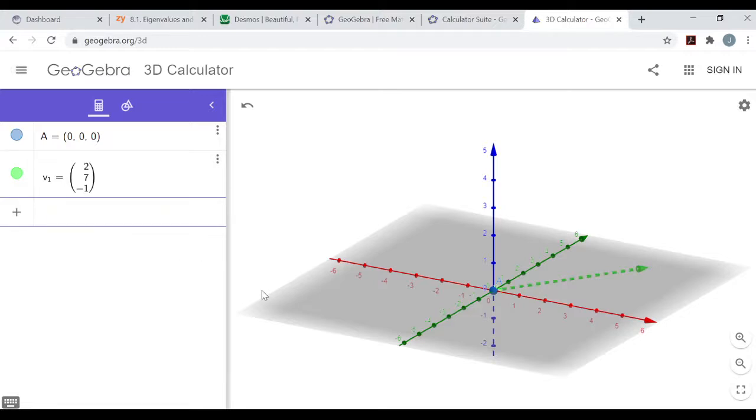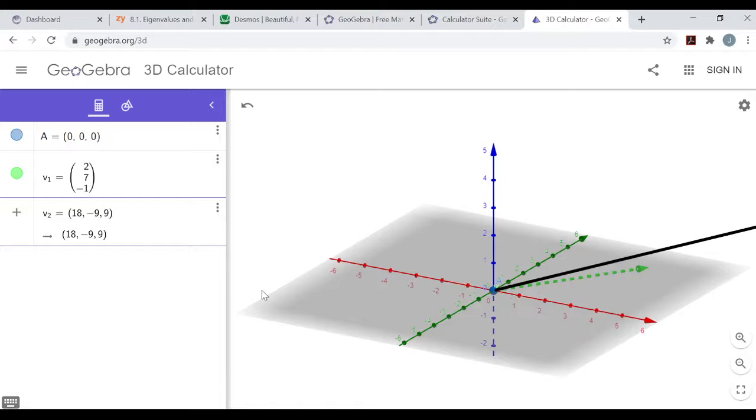Then when we multiplied this vector by matrix A, we got this other vector with components 18, then negative 9, and 9. And clearly, these two vectors are not on the same line. They're not scalar multiples, because if they were, they would be pointing in the same direction or opposite directions, but on the same line.